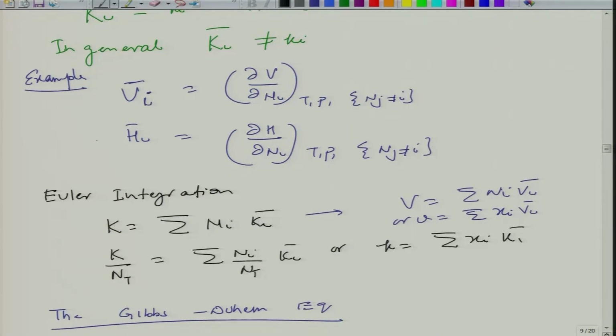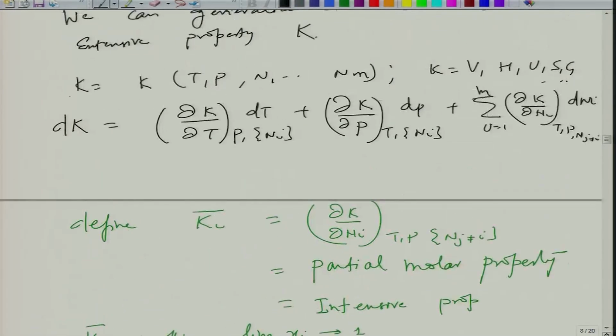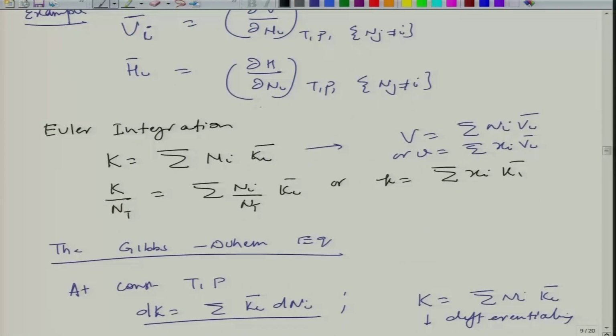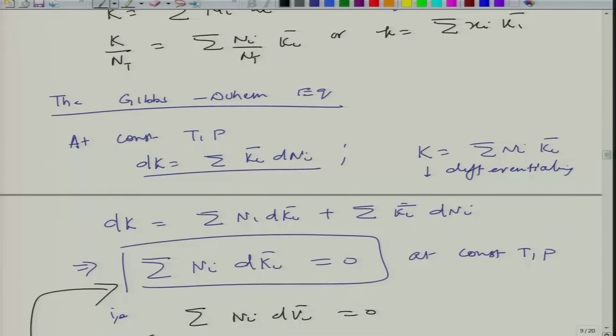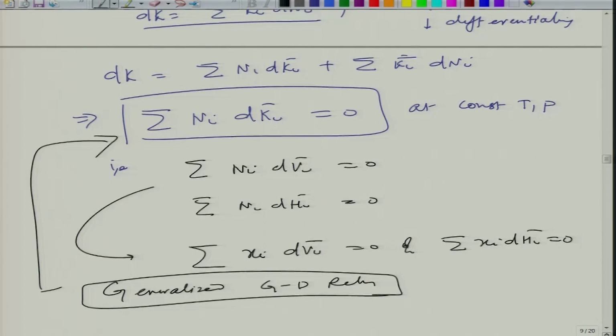Then we also talked about Euler integration, where K is the generic property. If you use a similar approach as we have done in the past for the Gibbs free energy, we should be able to show that K is nothing but the summation of Ni Ki bar. Using this and the concept of Euler integration, one can show that the summation of Ni d Ki bar is equal to 0.